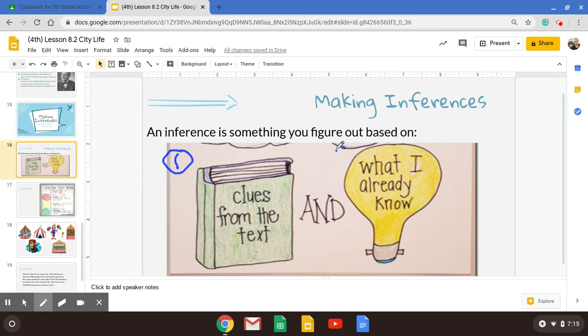And the second thing that you use to make an inference is what you already know. What is your prior knowledge on the topic? So, an inference is something that you figure out based on clues from the text and what you already know about the topic.